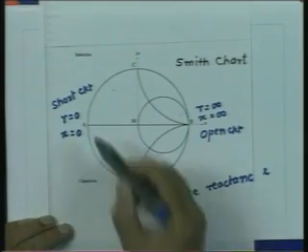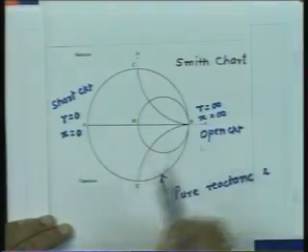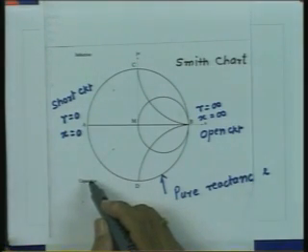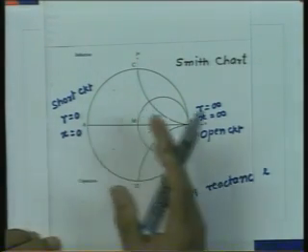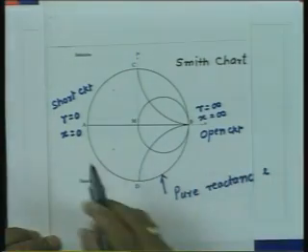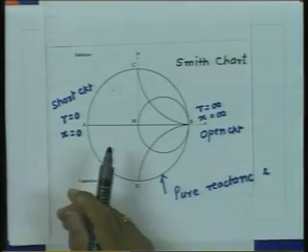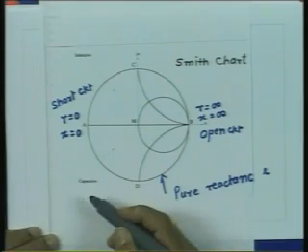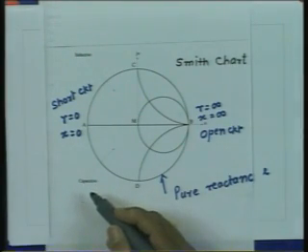As we saw, the upper half of this circle corresponds to positive values of x, and positive values of x mean inductive reactances. So, the unity circle in the upper half corresponds to purely inductive reactances or purely inductive loads. Similarly, the points lying on this circle on the lower half represent purely capacitive loads.